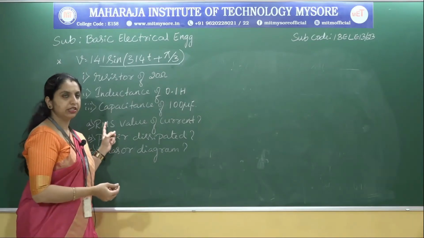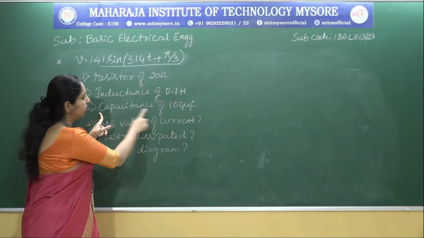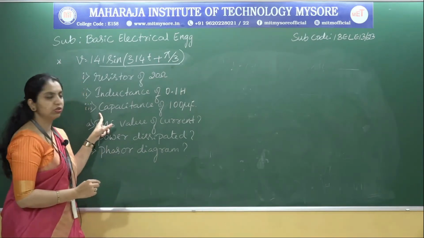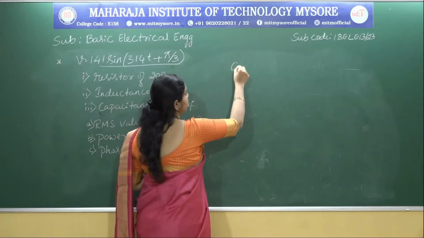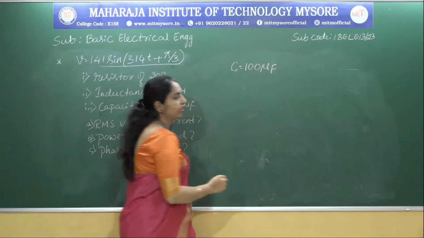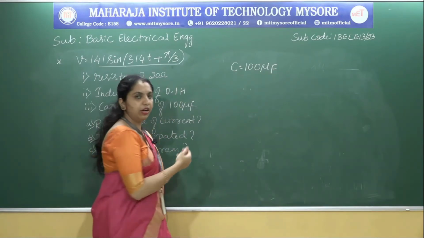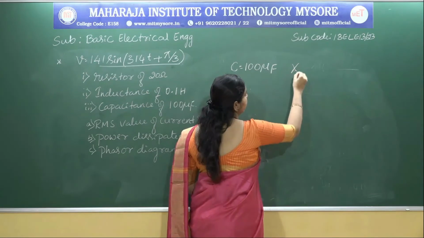Similarly, the next case is an AC circuit having only capacitance, C equal to 100 microfarad. From this capacitance we can calculate the value of Xc.